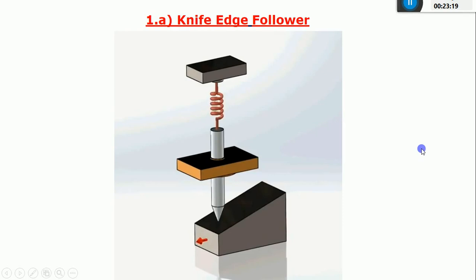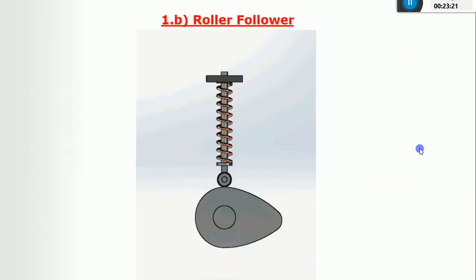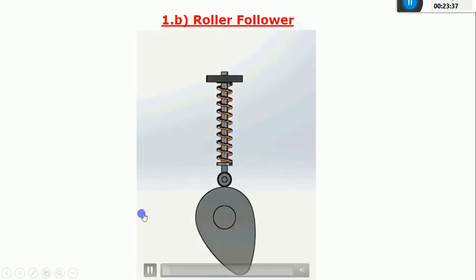After this, I'll start with the next one, that is a roller follower. You can see in this image the type of follower is in the form of a roller. First I'll show the video so that it will be clear.